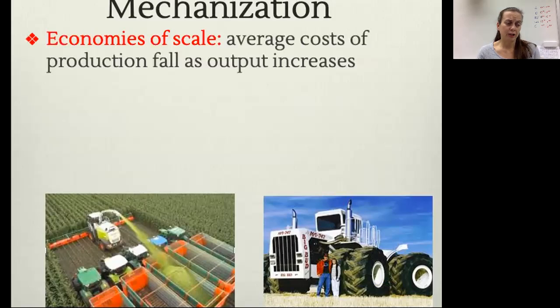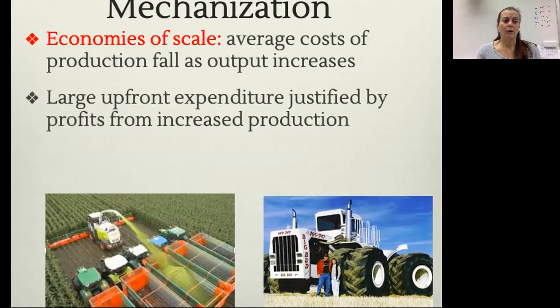Mechanization relies, just as industrialization does, on economies of scale. So the average cost of production is going to fall as output increases. So the more things you can make quickly, the less expensive each of them is because it requires less human labor. That means, however, that there's a large upfront expenditure for all of this equipment, but it gets justified by the profits from that increased production.